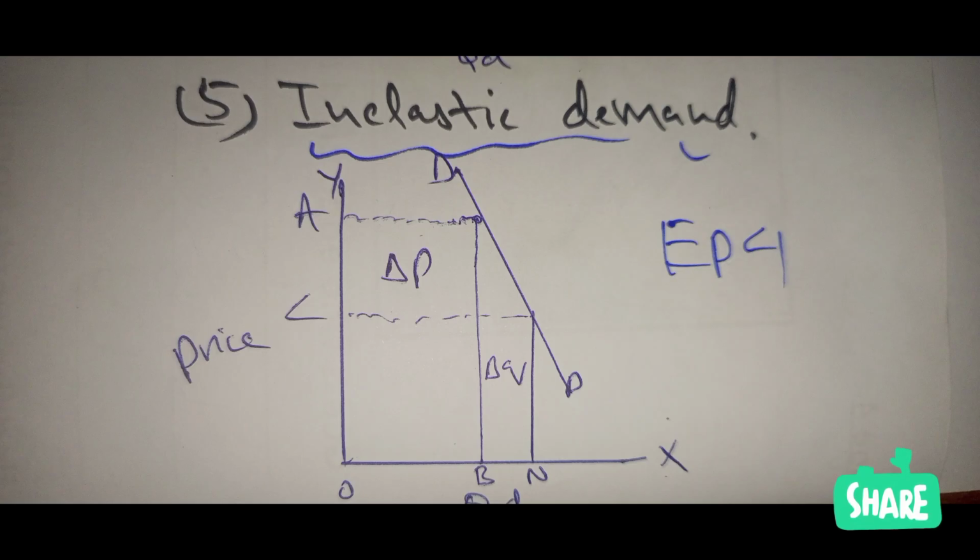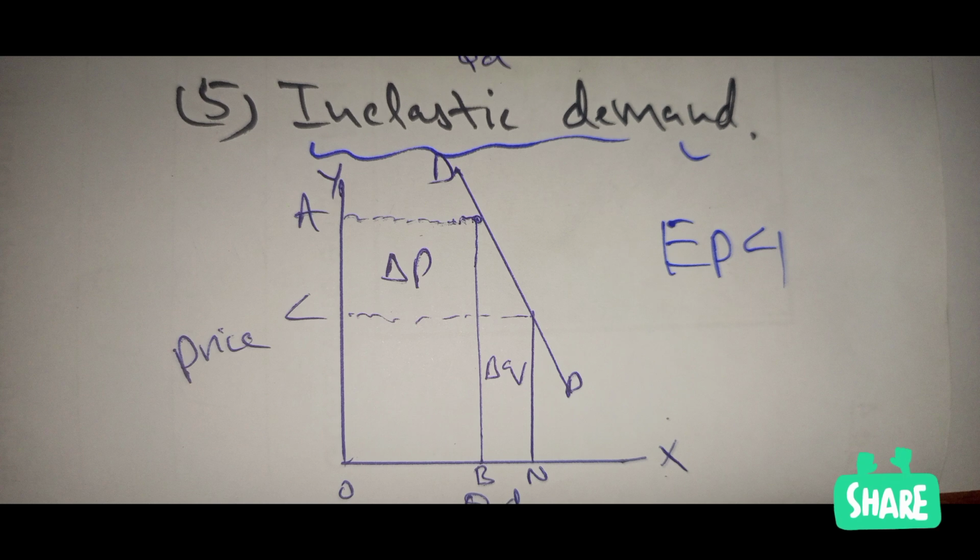In this figure, the DD demand curve is relatively inelastic as the price falls from OA to OC.